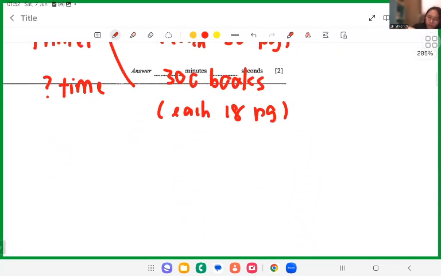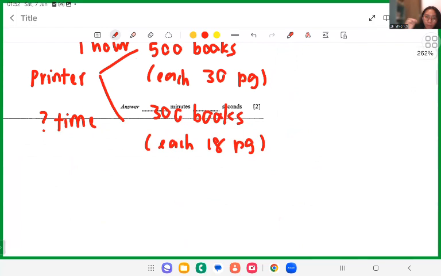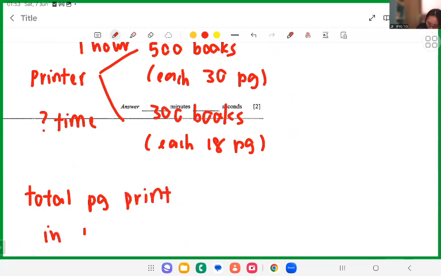Okay, so first, we need to count the total pages that the printer needs to print for the 500 books in an hour. So to find the total pages that the printer needs to print in an hour, we use 500 books times 30 pages.